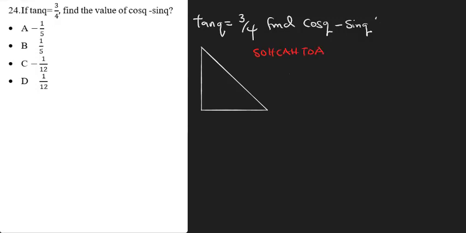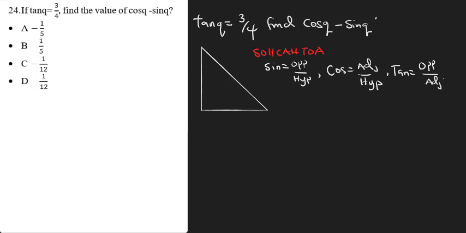This means sine is equal to opposite over hypotenuse, right? Then we have that cos is equal to adjacent over hypotenuse, and we have that tan is equal to opposite over adjacent.